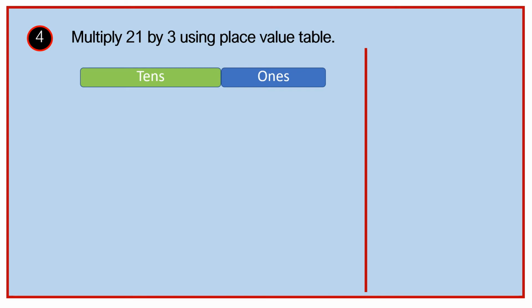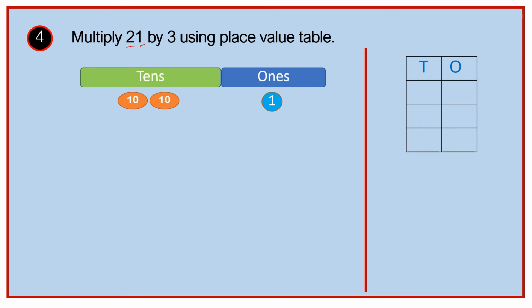In the number 21, we have got 1 and 2, which means that 1 is for ones and 2 is for tens. So we have got 1 one and 2 tens, such that this is 20 plus 1, 21. Now we will multiply it by 3.